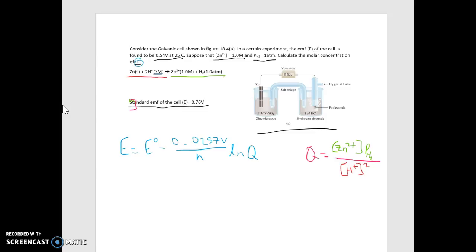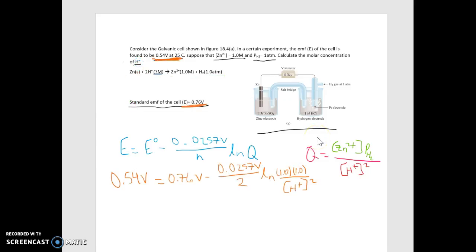However, since zinc is a solid, we don't have to put it in our equation, since, as we learned in the book or in the classes, we can't put solids or liquids because their concentrations don't really affect the reaction that much, so we can just ignore them. So in the bottom we just put the hydrogen ion, and then we square it due to the 2 moles of hydrogen.